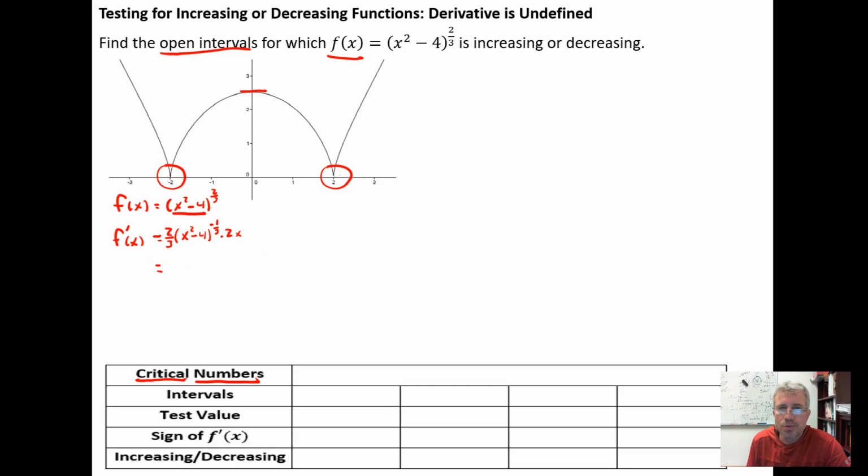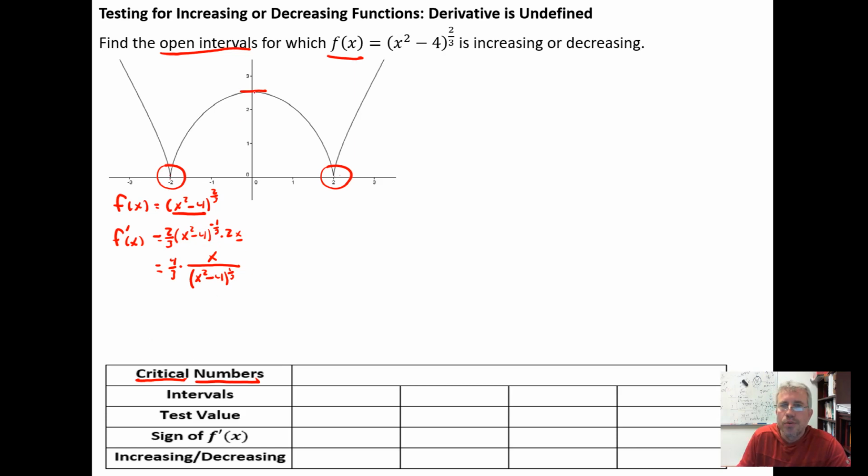So this is equal to 2 times 2 is 4/3 times, in the numerator I have an x, and I have a negative exponent here, which means I actually have (x squared minus 4) to the 1/3 in the denominator position. This is (x squared minus 4) to the positive 1/3 if I move this expression down into the denominator position.